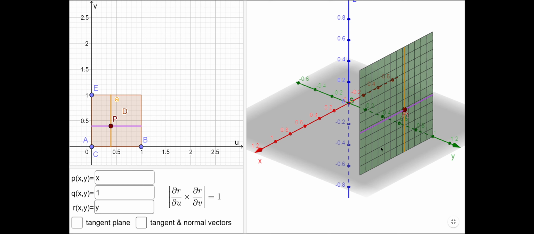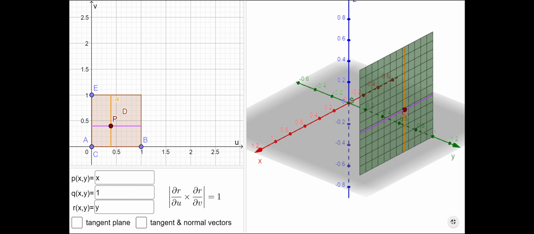If the area density is changing from point to point, I can still work out the mass of this surface. In a sense, what you're going to be doing is just area density times area, but it needs to be a little more sophisticated than that. For example, over here the area density could be lower than over here where the area density is higher, so you want to be able to deal with that.